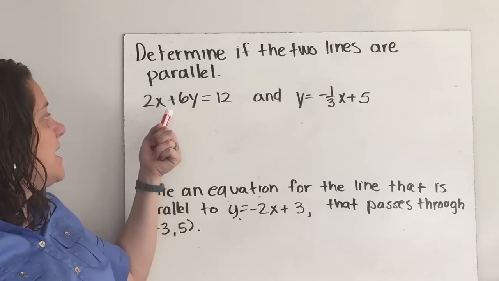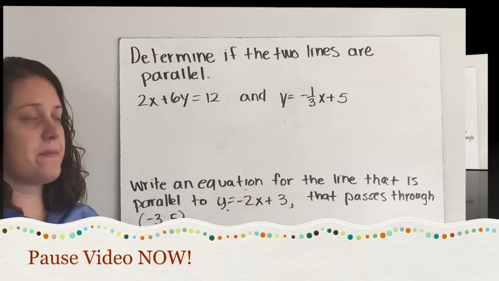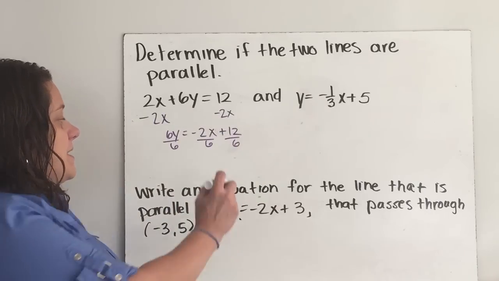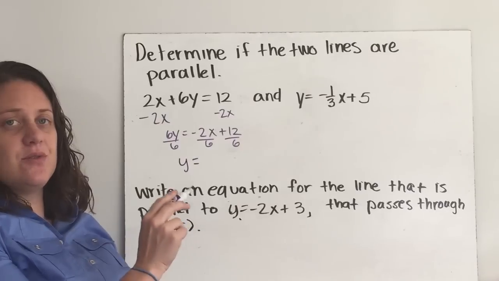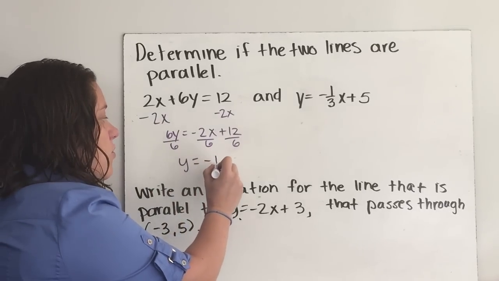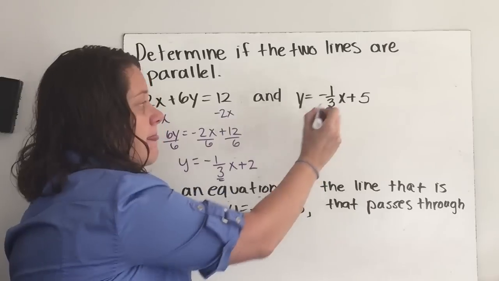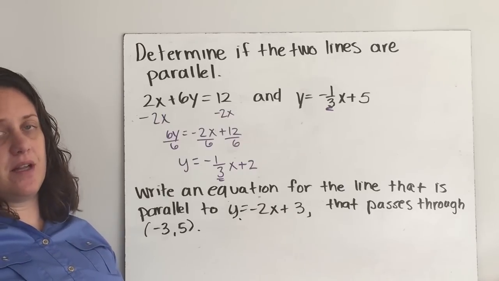Okay, so try to pause the video and put this into slope-intercept form. Okay, so hopefully you got something like this. Now if I simplify, I would get y equals, and negative 2 over 6 is negative 1/3 x plus 2, and all I care about are the slopes, so you can see that those two lines are indeed parallel.